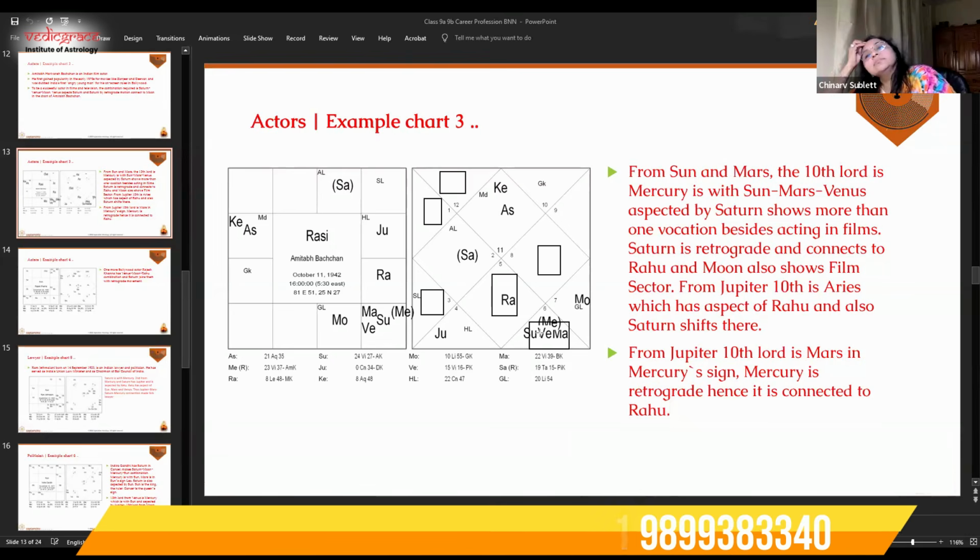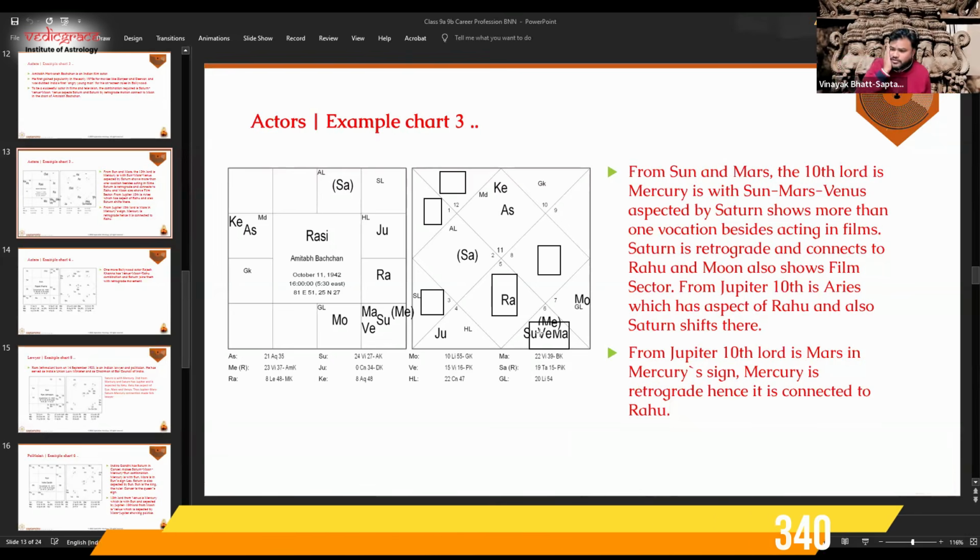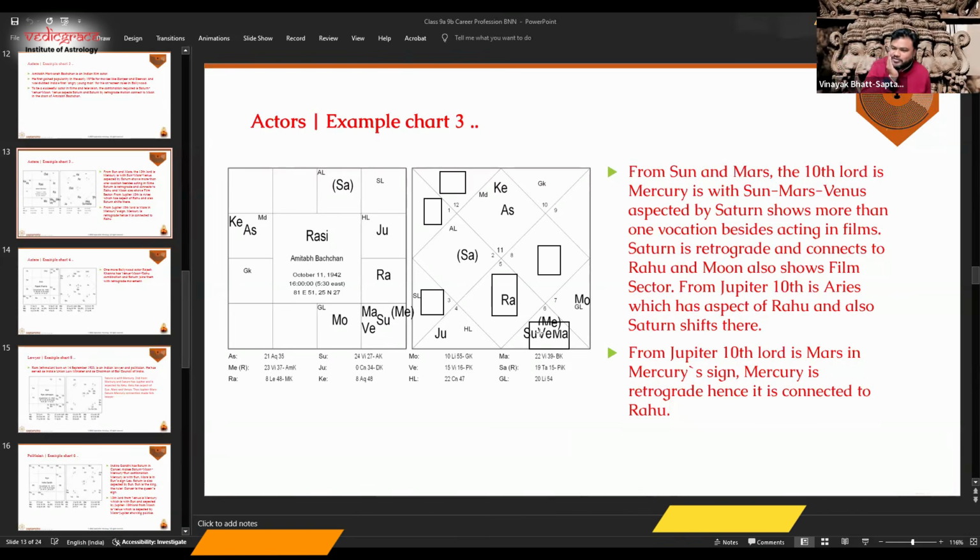We do makeup and everything on the face only. That is visible to everybody. That is Venus. But that internal beauty in the face, that is Jupiter. That is aura. So both are there in second house only. So when we ask what is common between Venus and second house, that is jewelry.